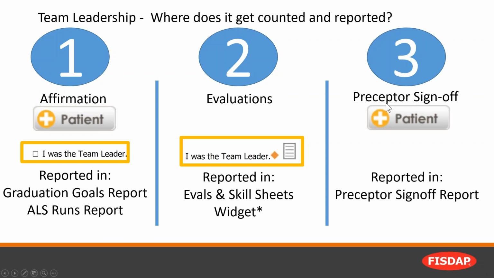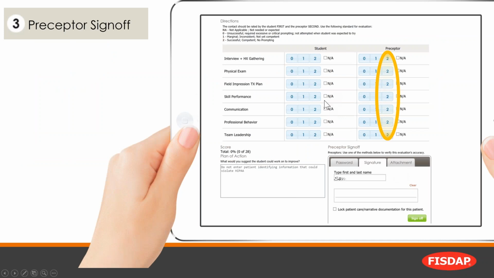But in the preceptor sign-off, and I would encourage you to use this both in labs and in the field, this preceptor sign-off gives you a very nice, very clear view: the preceptor thinks this, I think this, here's the preceptor signing off, here's a plan of action for remediation. And this named preceptor sign-off is actually an eval that matches exactly what the National Registry sheet is.